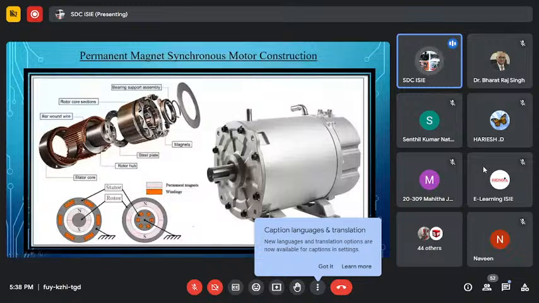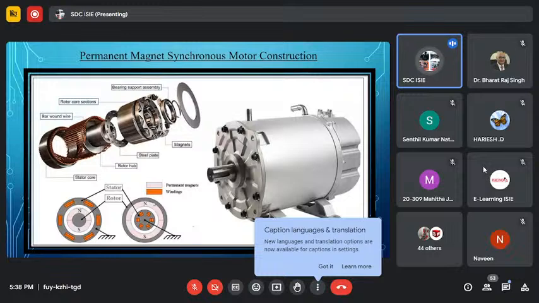As we can see here as well, this is the winding and here are the permanent magnets. And in this case, it is the hub motor or outrunner motor, so the stator is at the inner side and the rotor is at the outer side. Again, we need some external commutation, or some power electronics, to power this permanent magnet synchronous motor.